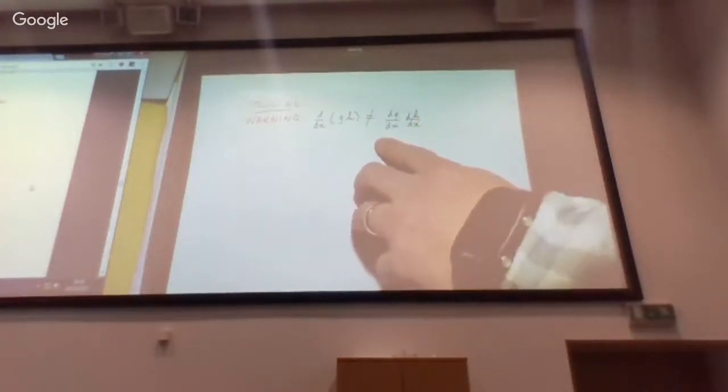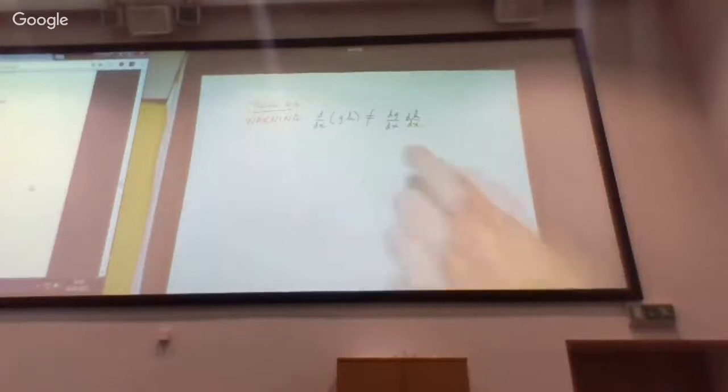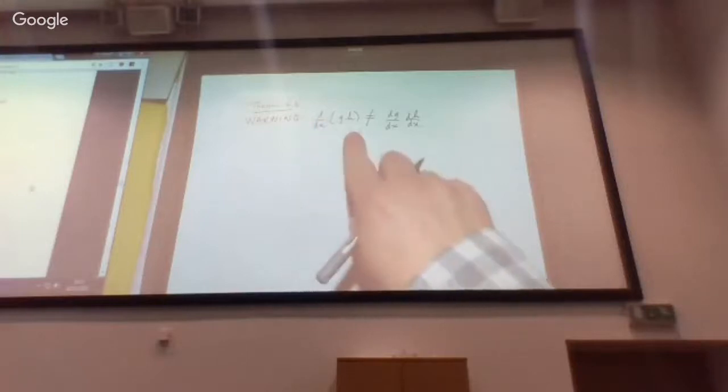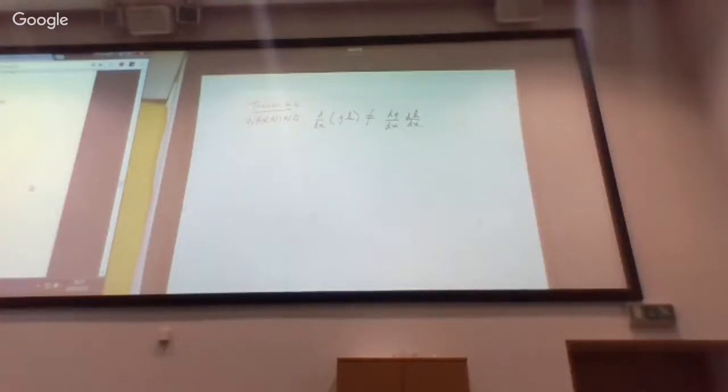If that was true, you would call that property multiplicative. You would say that the derivative operator is a multiplicative operator, where you apply some operation to a product by applying the operation to the individual factors and taking the product of those. That is not true.